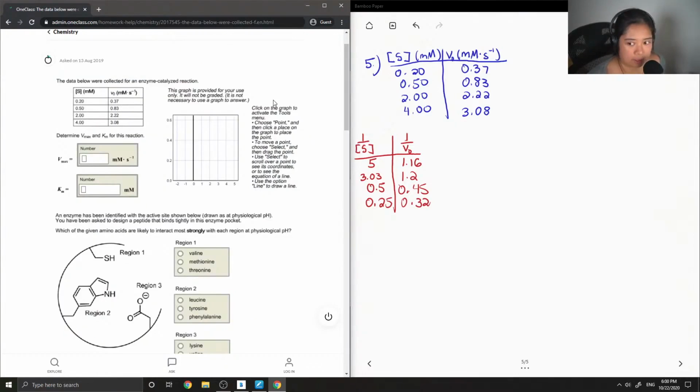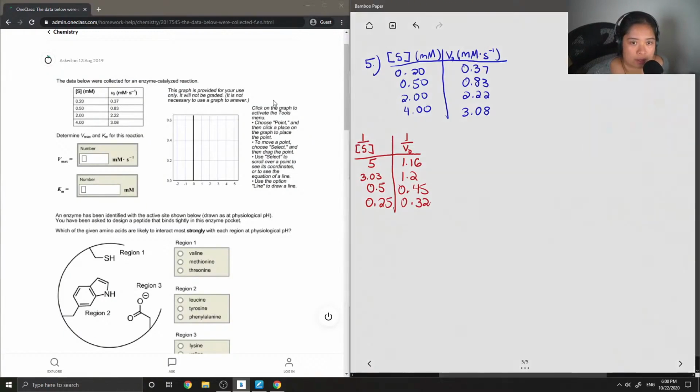Okay, so now I want to graph these values. I'm going to do it on the right side here. So on the x-axis, I'm going to do the 1 over concentration of substrate, so from 0 up to 5.